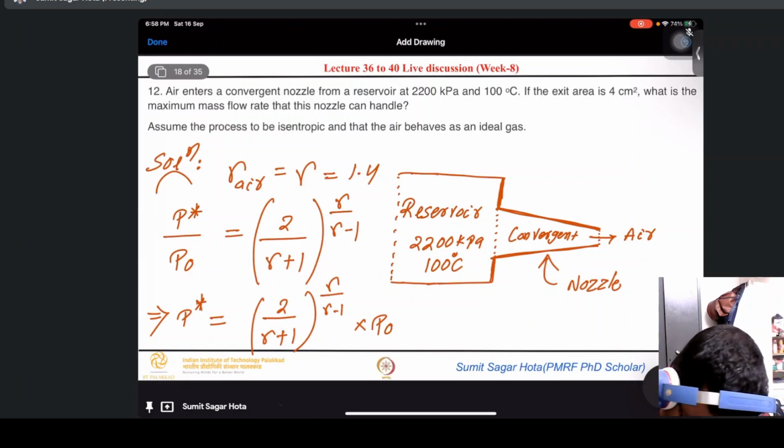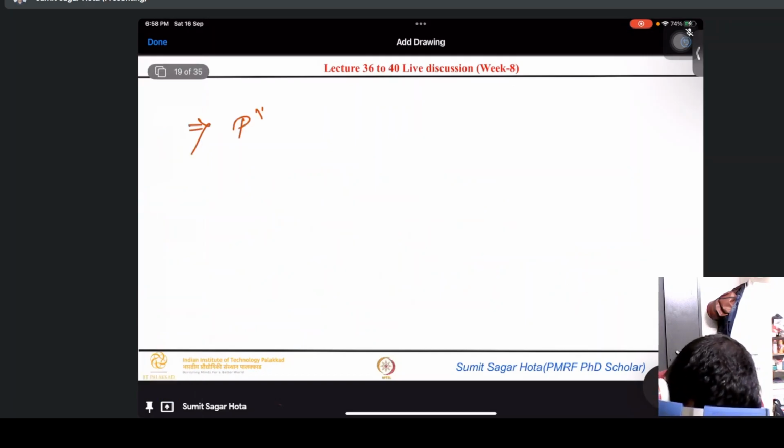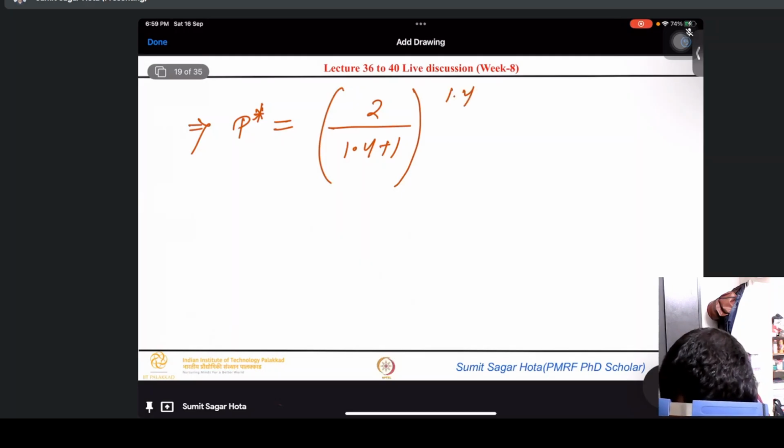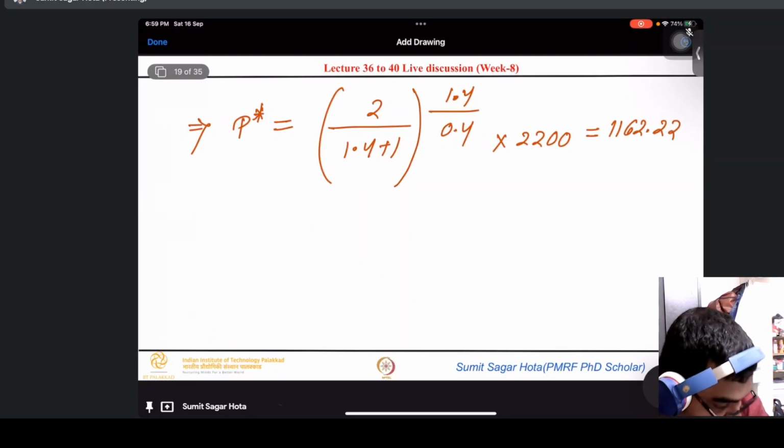Substitute the values: P star equals (2 divided by 1.4 plus 1) to the power 1.4 divided by 0.4, into 2200, which gives 1162.22 kilopascal.